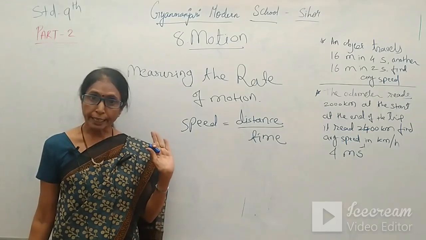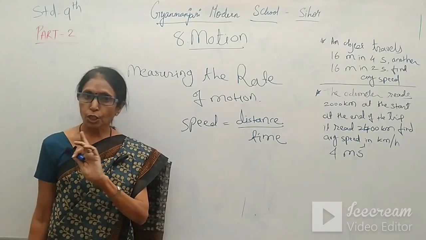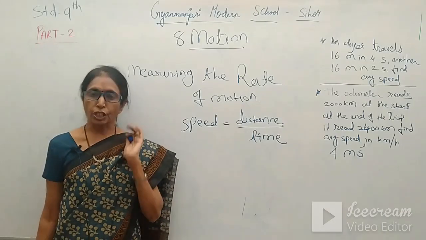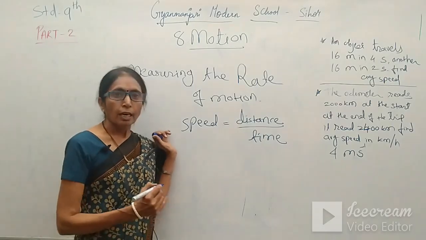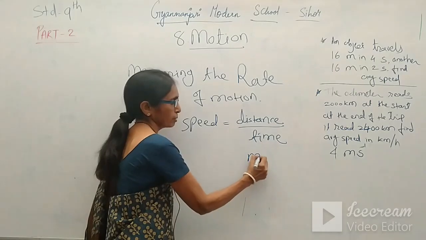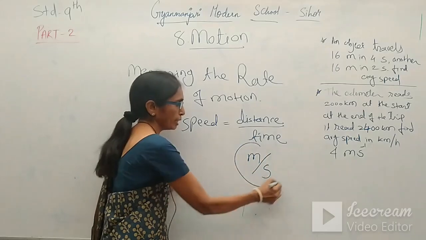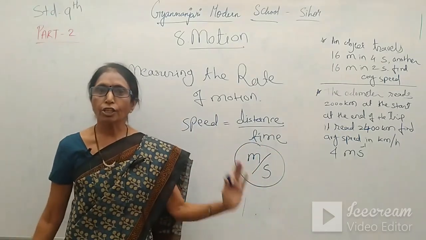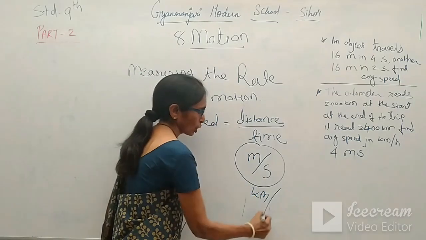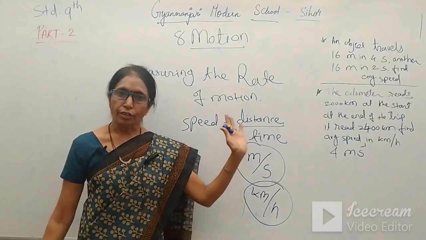Again, speed is a scalar quantity because it does not require direction for its complete description. Now, the unit. The unit for distance is meter, and if the time is given in seconds, then meter per second is the unit of speed. Also, we can count in kilometers, so kilometer per hour is also a unit of speed.